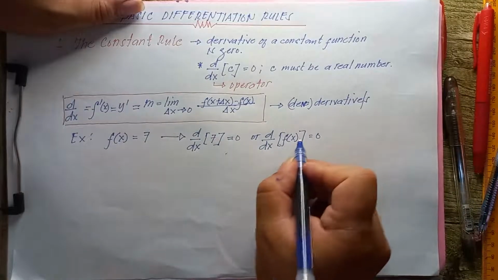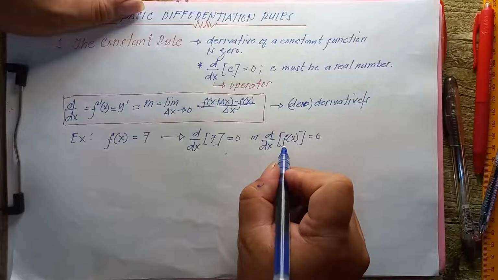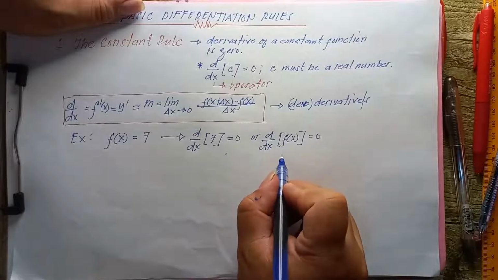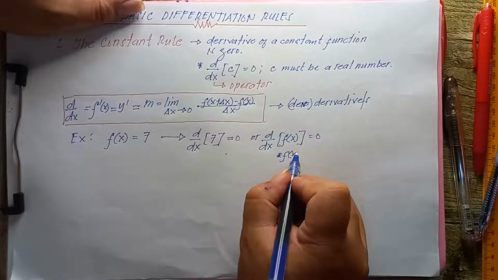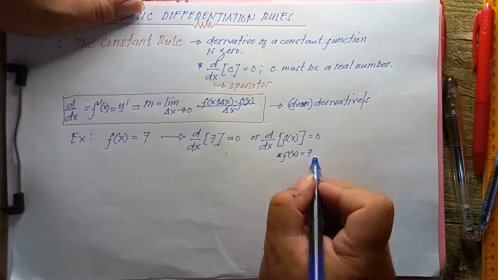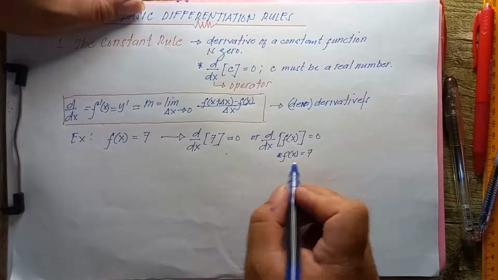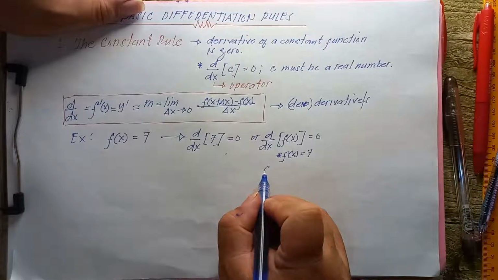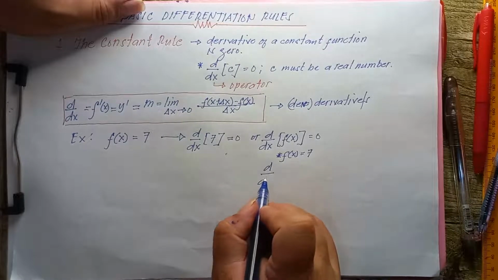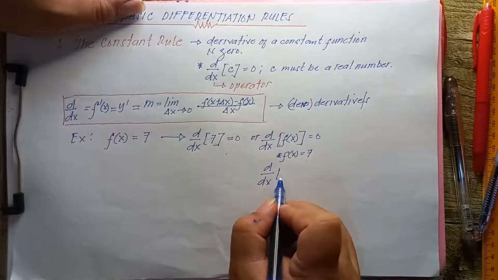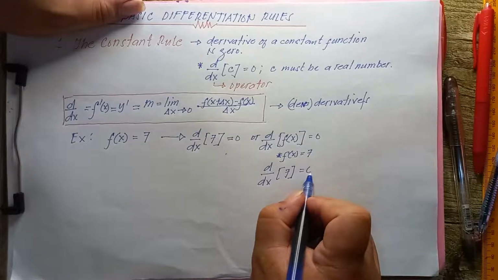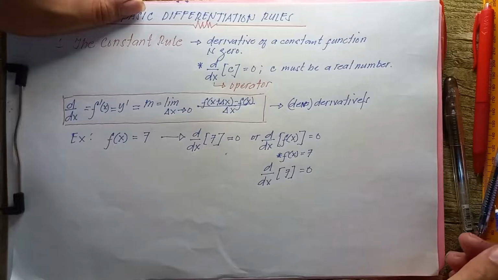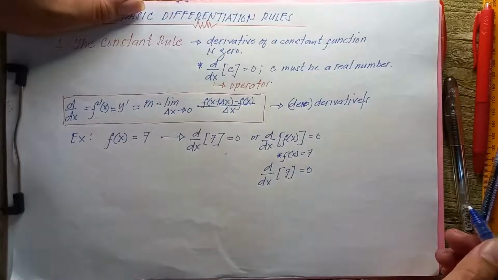By substitution, the f of x is equated to 7. By substitution, we can write this one as d over dx of 7 is the same as 0. So that is the meaning of the derivative.